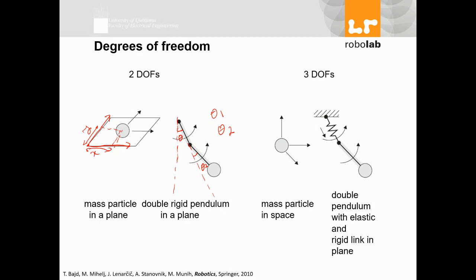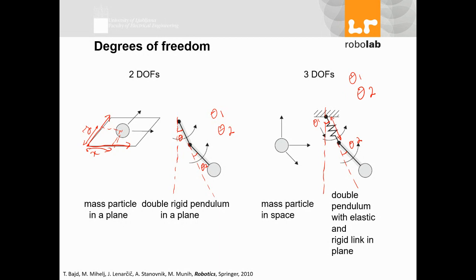For example, if you look at this figure on the right hand side, you have one angle here, one angle here, so you have theta 1, theta 2, and also this distance is variable.